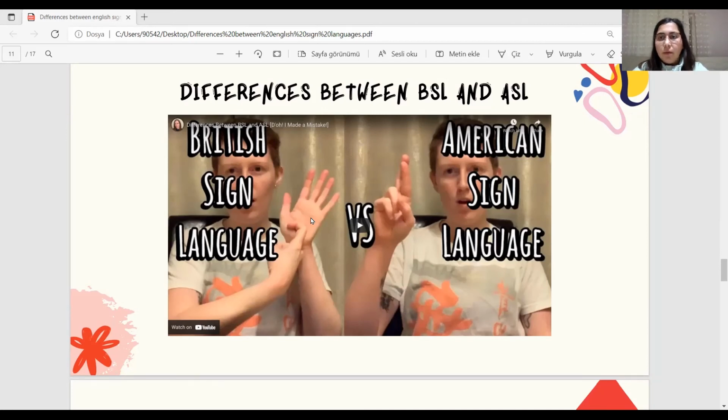For example, the vowels in BSL are done using your thumb and forefingers, and there is a lot of two-hand work for the rest of the alphabet, whereas the vowels in ASL and the rest of the alphabet are done with one hand.